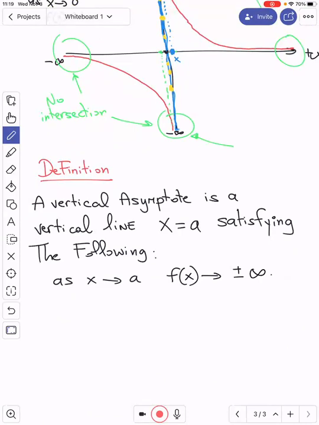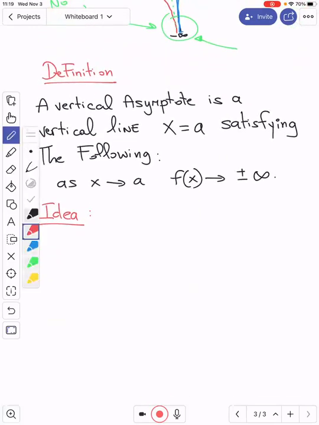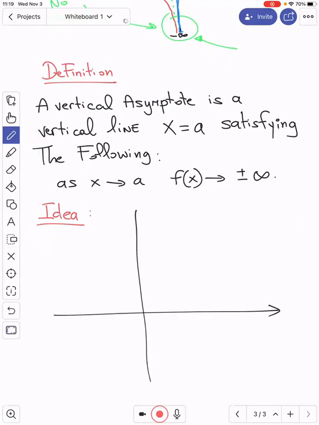So the idea here is the following, guys. What happens when we have a vertical asymptote? We're going to have the following in the graph. Let's say this is x equal to a. Here's my x equal to a.